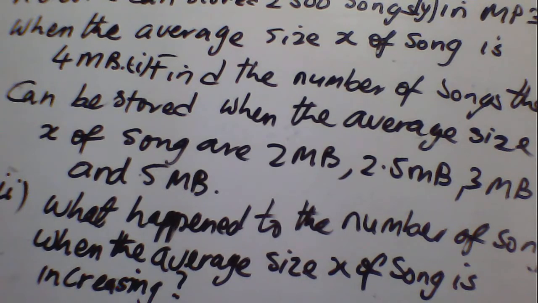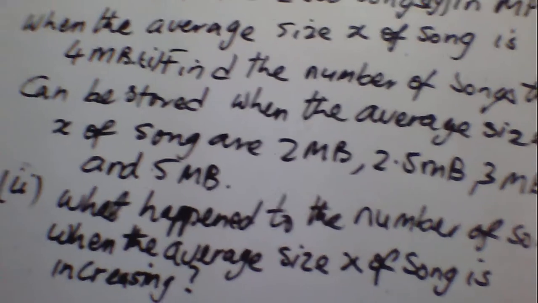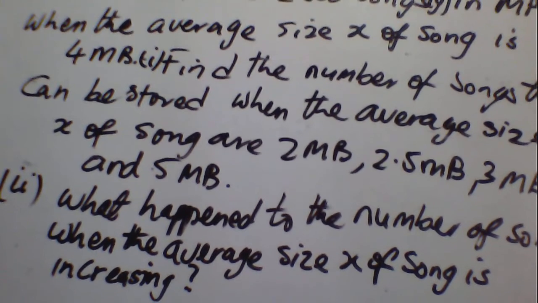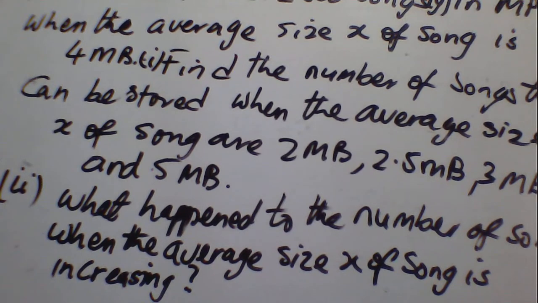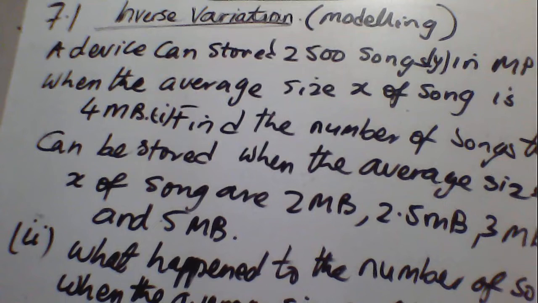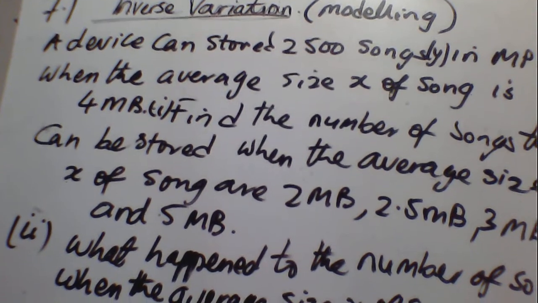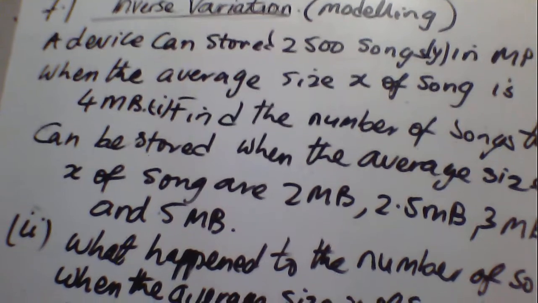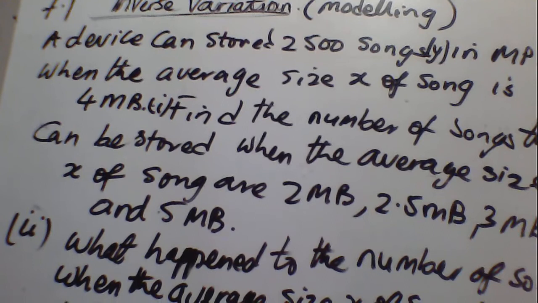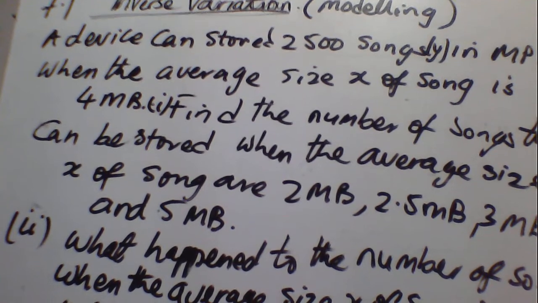So go through the question and then let's solve it. This is modeling using inverse variation. A device can store 2,500 songs in MP3 when the average size x of song is 4 megabytes.